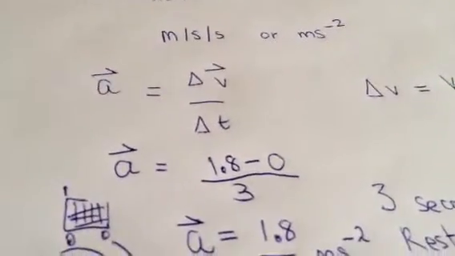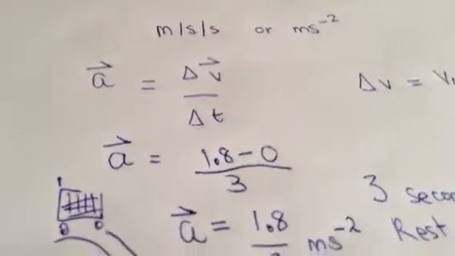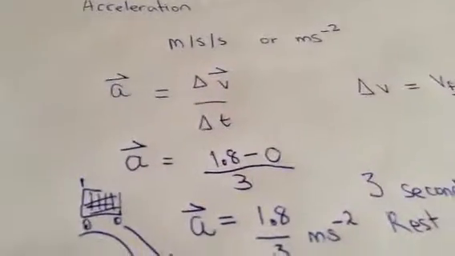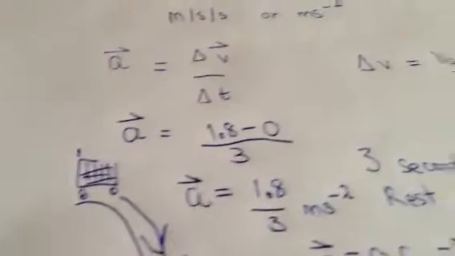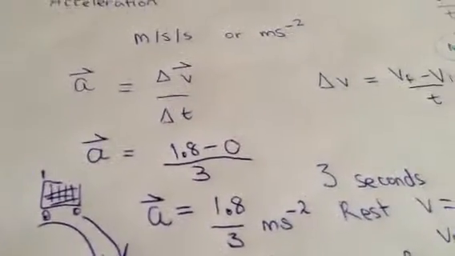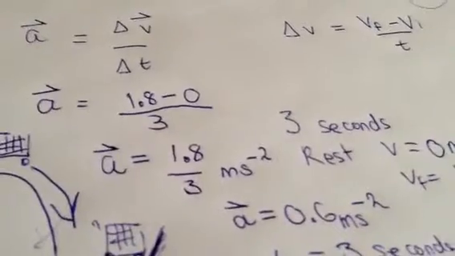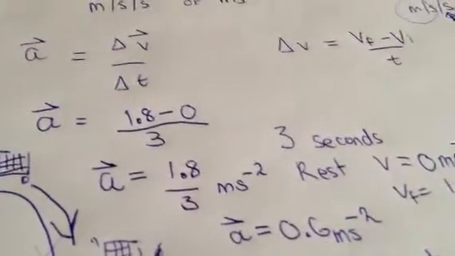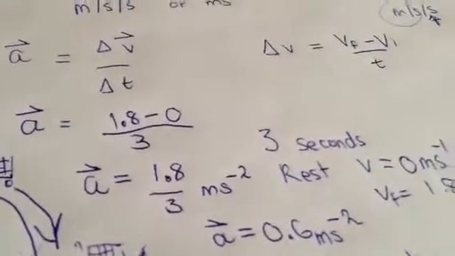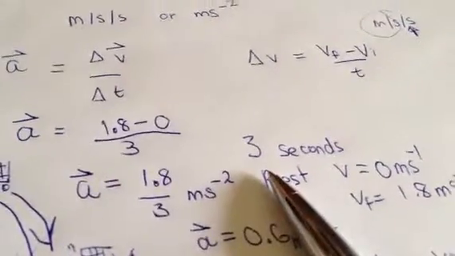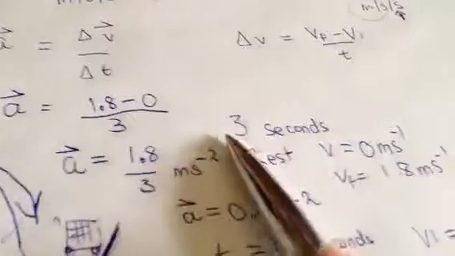Then we substitute in our figures based on the question. So we said that it was 1.8 at the finish line, and it was starting from rest, so that's 0. And then we divide it by the time it took, which was 3 seconds. Then we get basically 1.8 divided by 3 meters per second squared, because it's the velocity divided by seconds, so again, meters per second to -2.